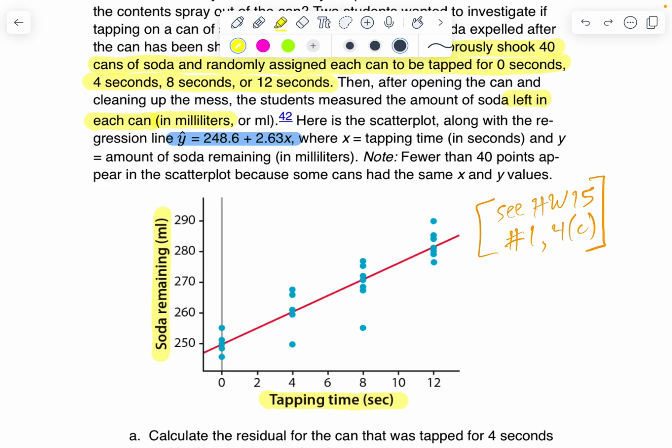You take all the data, use some computer or calculator software, and you come up with the least squares regression line, where y hat, the predicted amount of soda left in the can, is equal to 248.6 plus 2.63x.